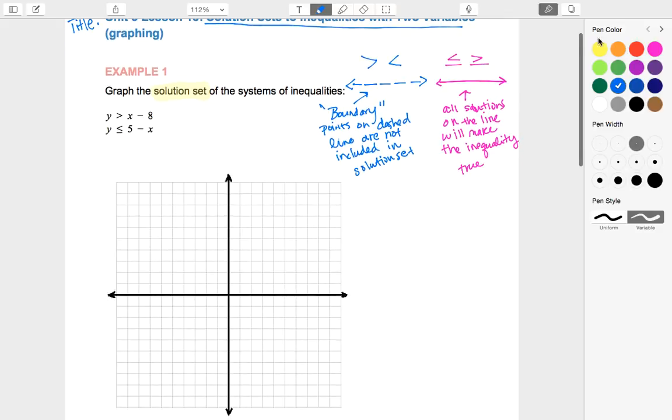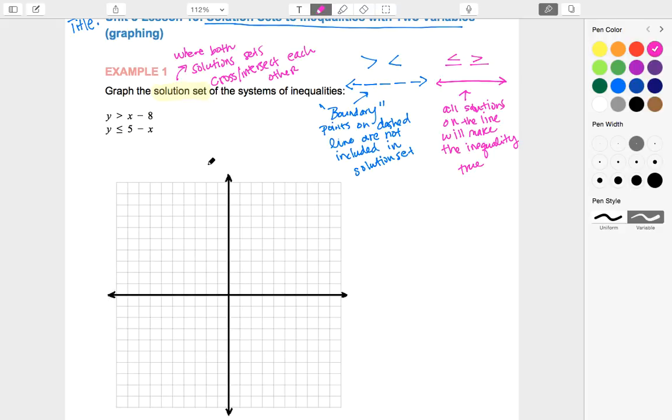So here you could say where both solution sets cross or intersect, or when the colors cross each other, can be a part of that.